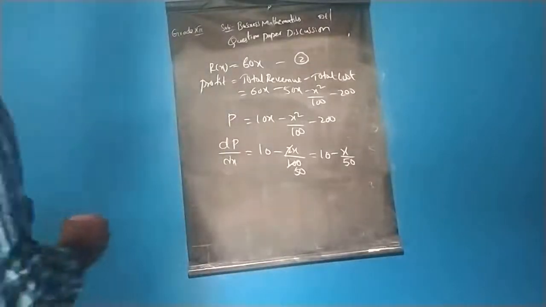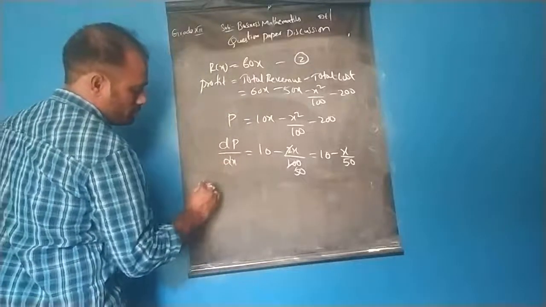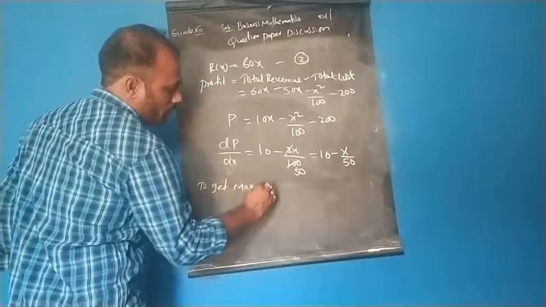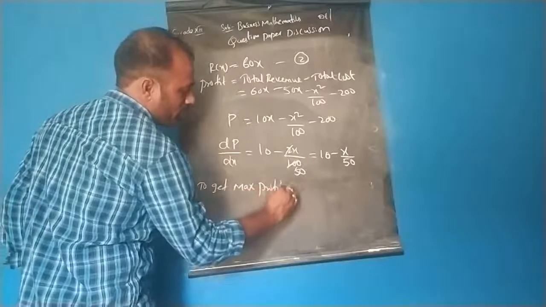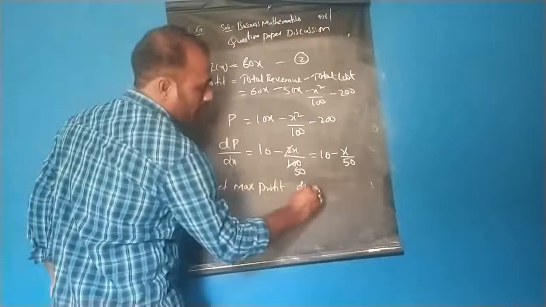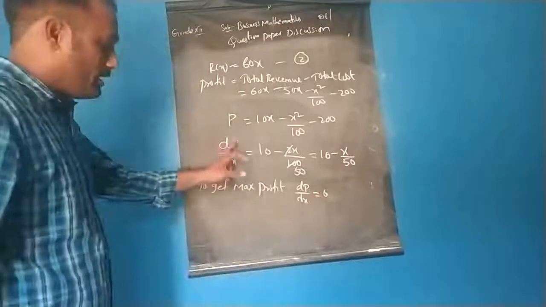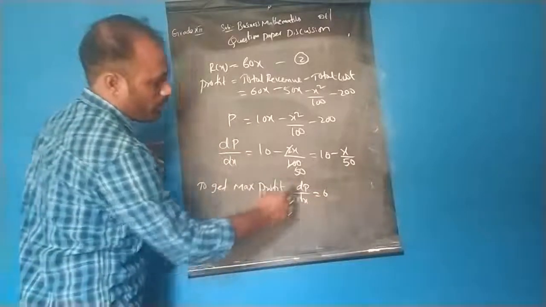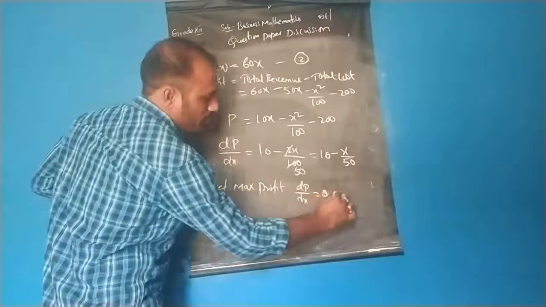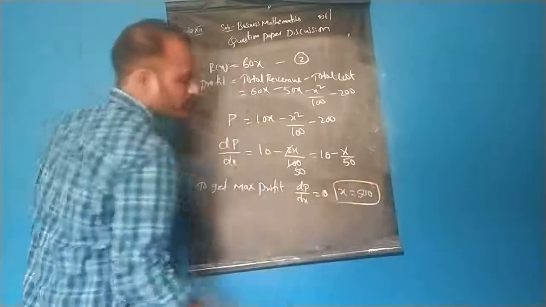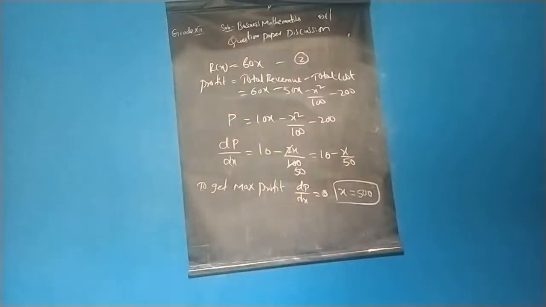So to get maximum profit, let us do dP by dx is equal to 0. So here this term is 0, so we are going to get x value. x value will be 500. So we got the x value as 500.